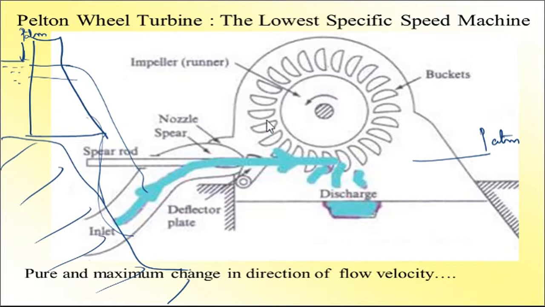This is the schematic of the Pelton wheel turbine. So impeller or runner, then buckets. Then this is the water inlet, spear rod assembly, and nozzle. If the spear rod is moving in the reverse direction, it will provide more quantity of water. If it is moving in the forward direction, it will restrict the flow of water going to the turbine.